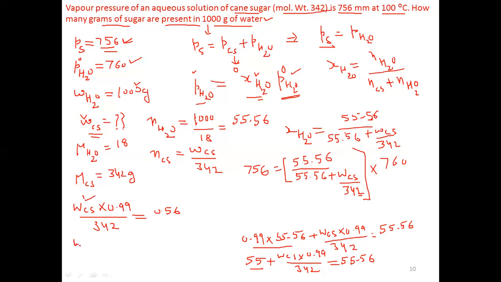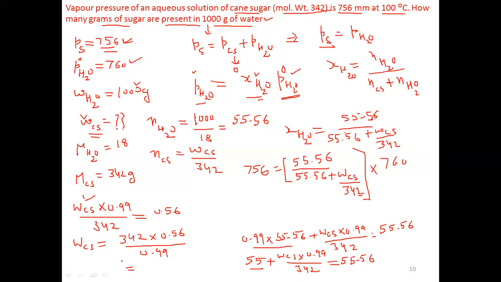So I hope this will also help the students of medical background because they get confused in these types of calculations. That was my aim, to teach them that there is no need to worry. If we follow the steps one by one, you can easily calculate. So WCS is equal to 342 into 0.56 divided by 0.99.